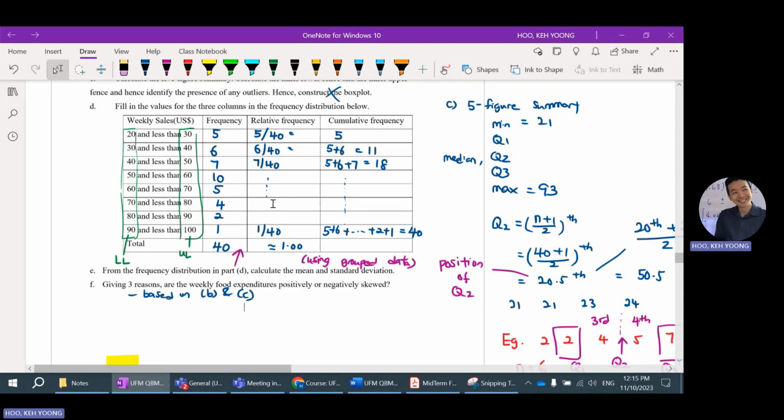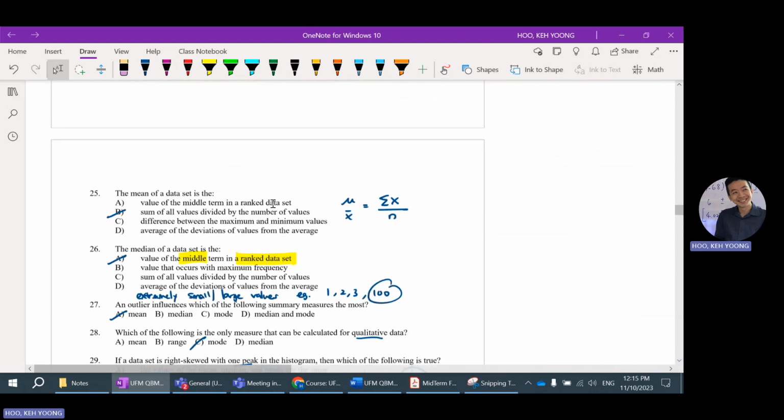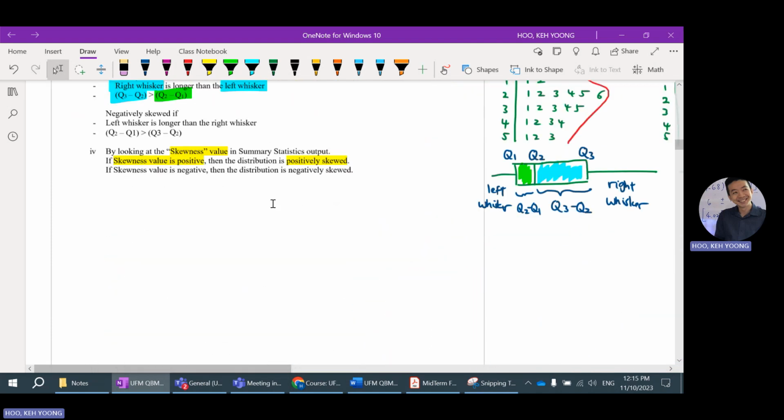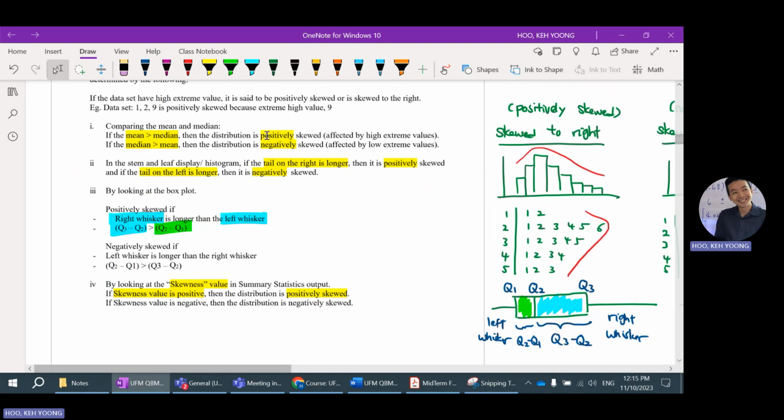It is possible that you have four methods here, and method 1 says it is positively skewed, but method 2 says it is negatively skewed. Yes, it is possible, because different methods have different justifications.